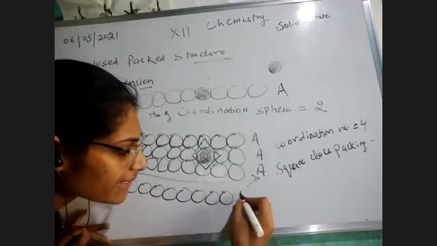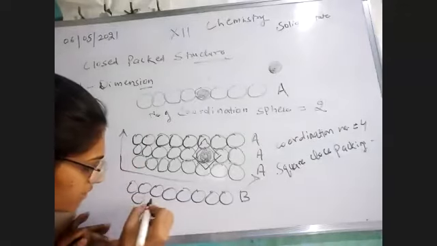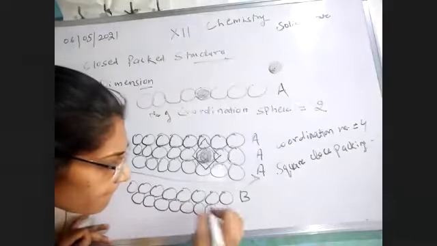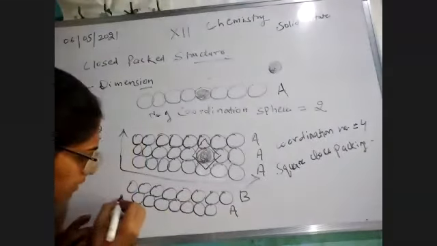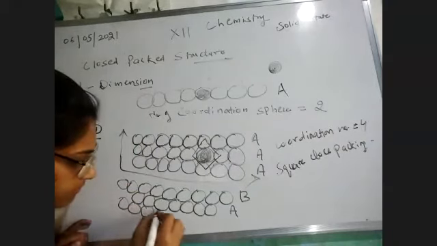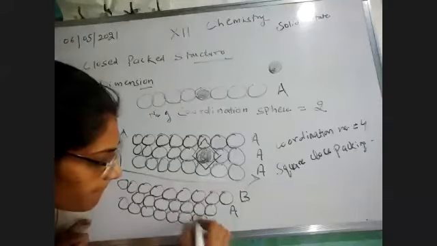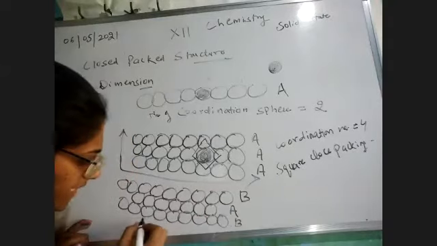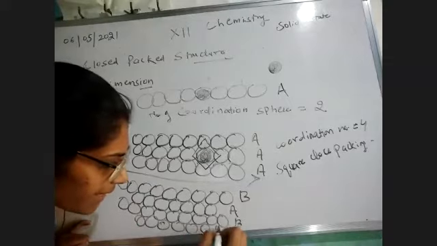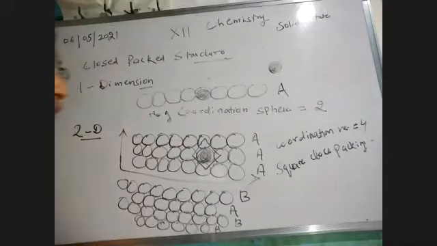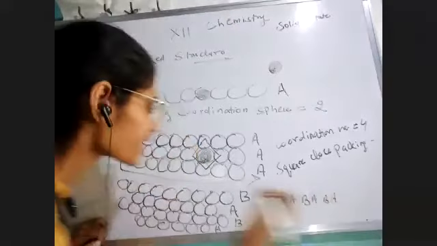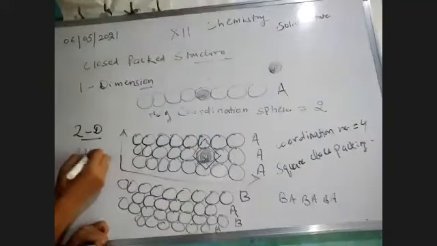Suppose this is B, and after putting a space, they have put A, then B, then same as it is, A. So they have put a new arrangement with a BA, BA, BA arrangement rather than an AA arrangement.